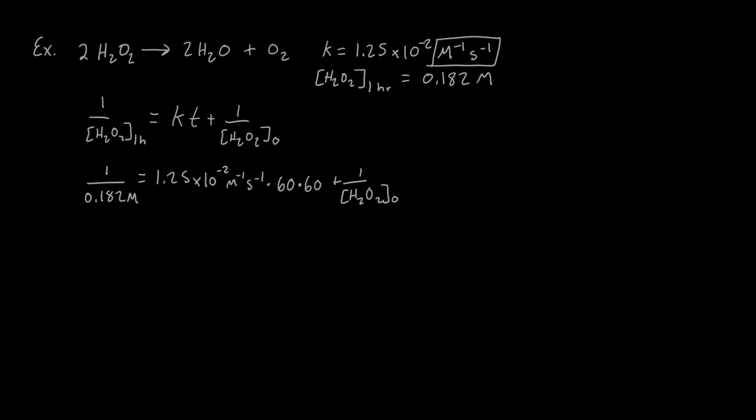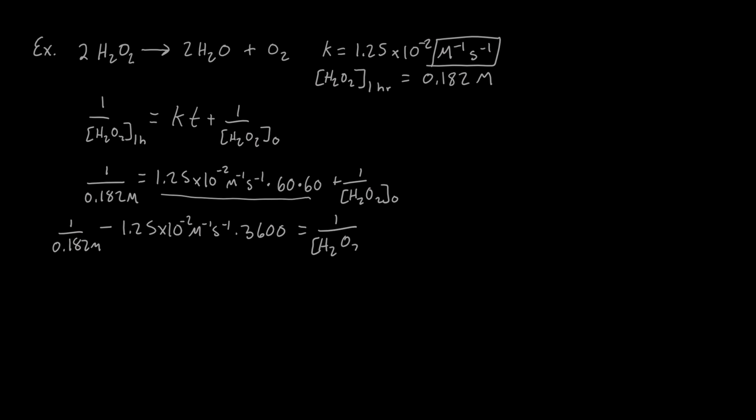Then we can move this to the left side of our equation to get 1 over 0.182 molar is equal to 1.25 times 10 to the negative second times 3,600, and that should be a minus sign, is equal to 1 over the concentration of H2O2 at our initial time.